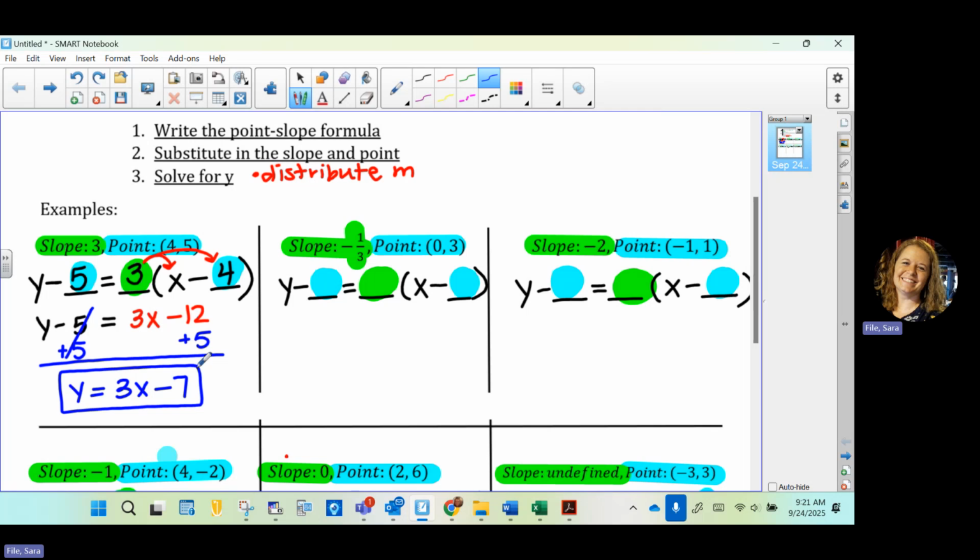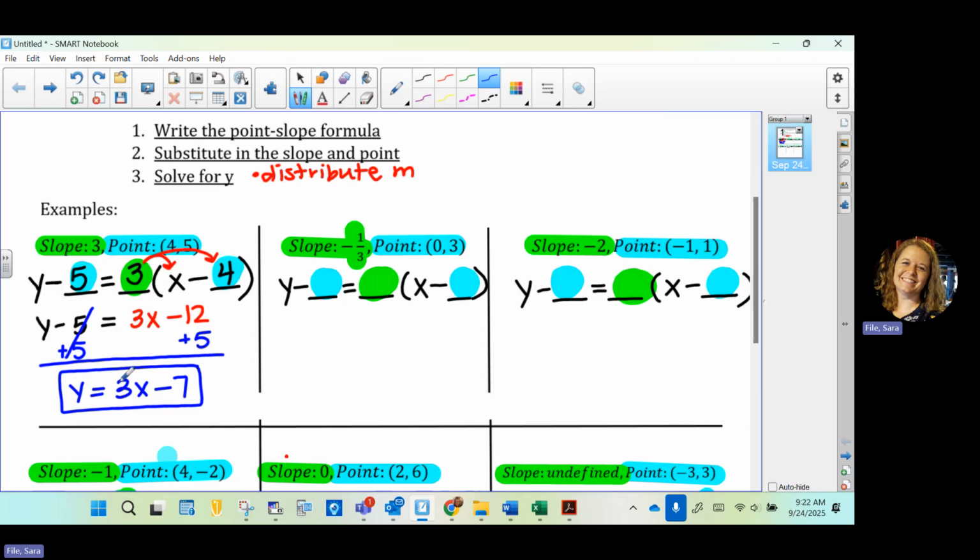Okay, and if you don't end up with your slope here matching the slope that they gave you, you've made a mistake somewhere, because the slope should stay the same. And then you should be able to see your y-intercept. If you wanted to check any of these, you could simply graph this in Desmos and check that it goes through that point 4, 5, and that it has the accurate slope.